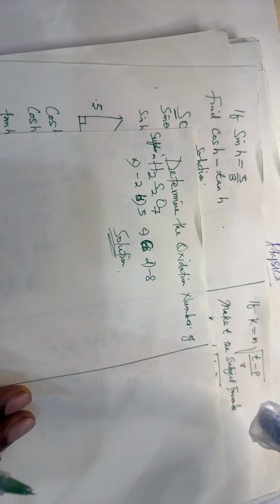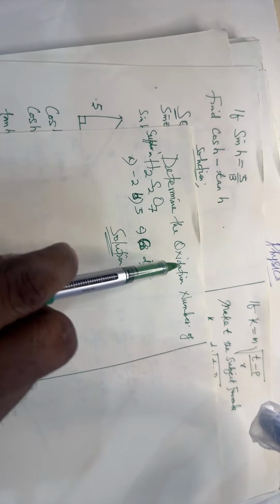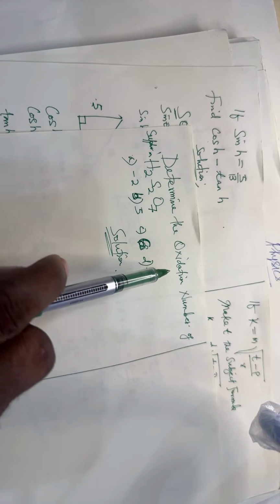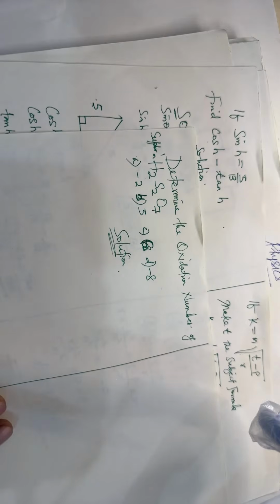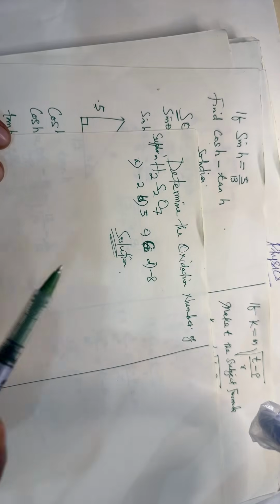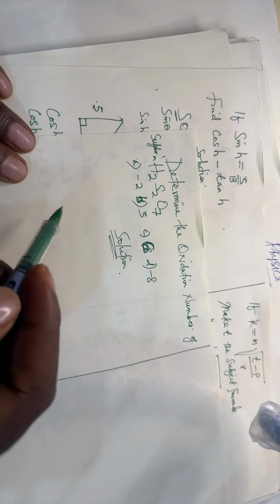You will see that the videos I posted today, yesterday and the day before all talk about oxidation number, because students complained and begged me to do oxidation number. So I did rule 1 to rule 7, the 7 rules for oxidation number, then solved question after question. From now till Sunday, I will cover oxidation number. So make sure you watch my videos on YouTube. Whether you watch or not, people will benefit, but you won't pass these exams. Make sure you take this seriously.